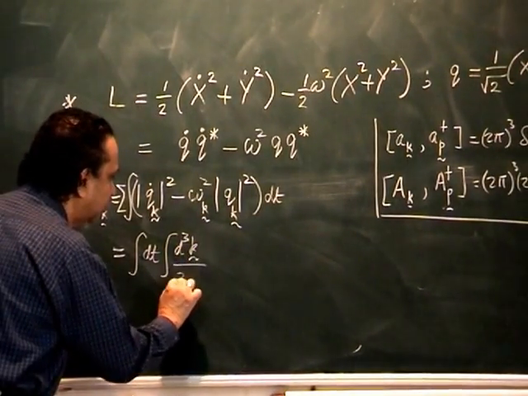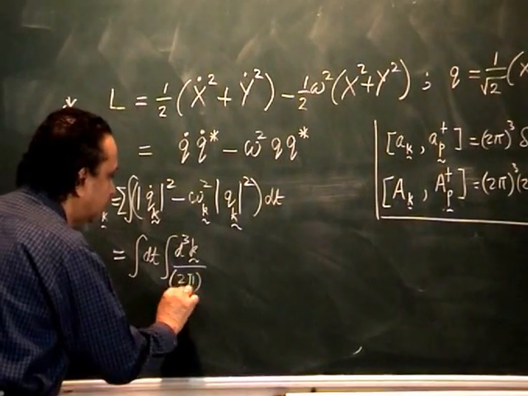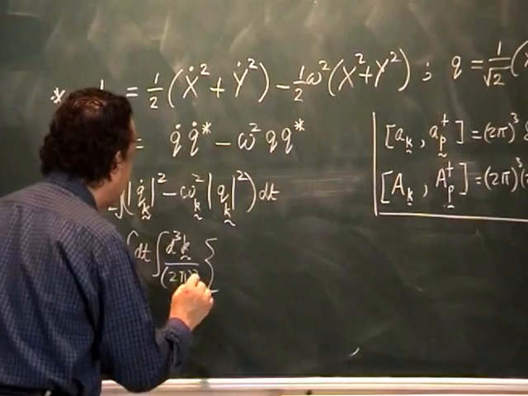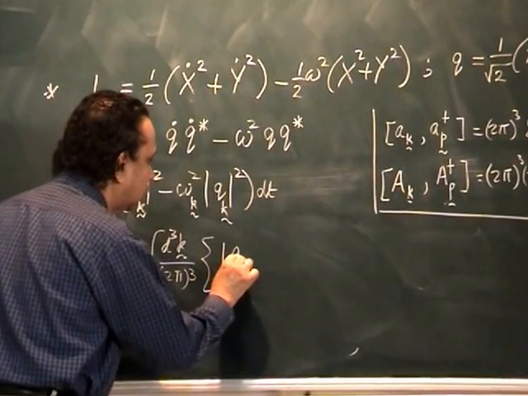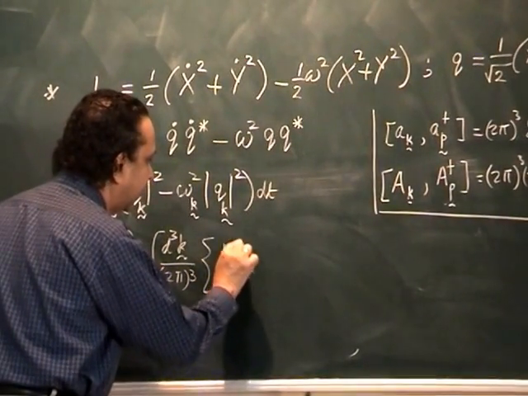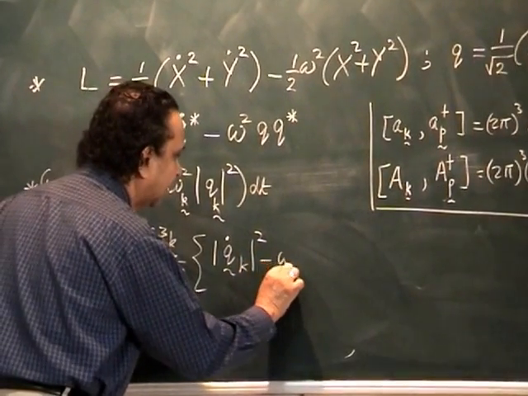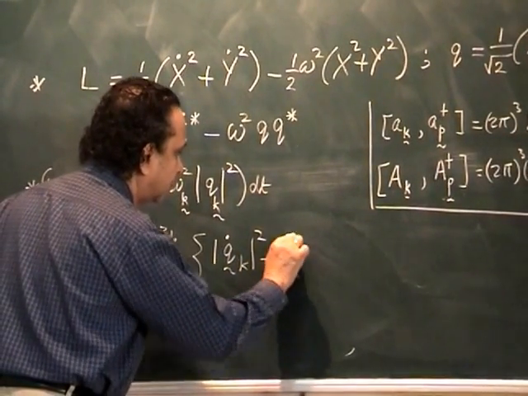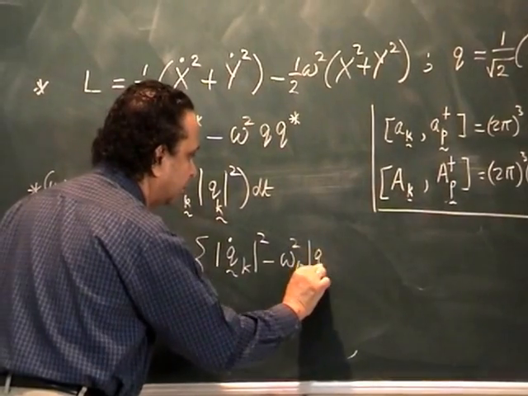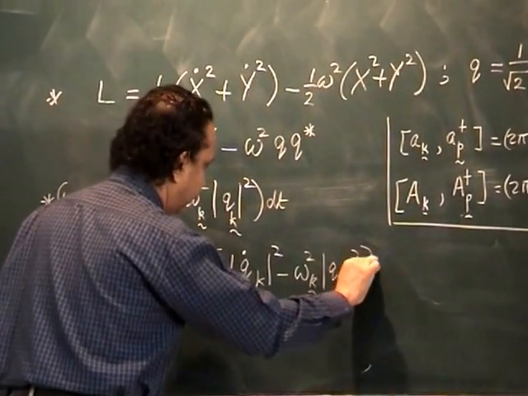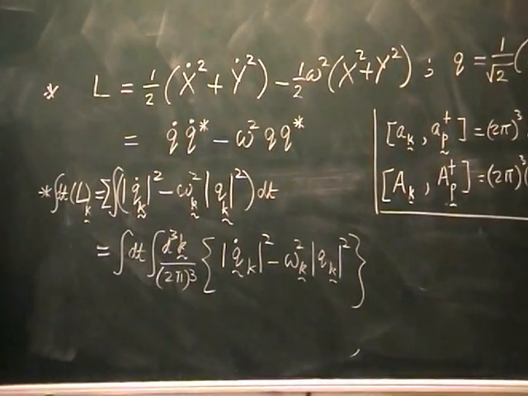d3k upon 2 pi the whole cube times mod qk dot square minus omega k square qk square. This is what we have.